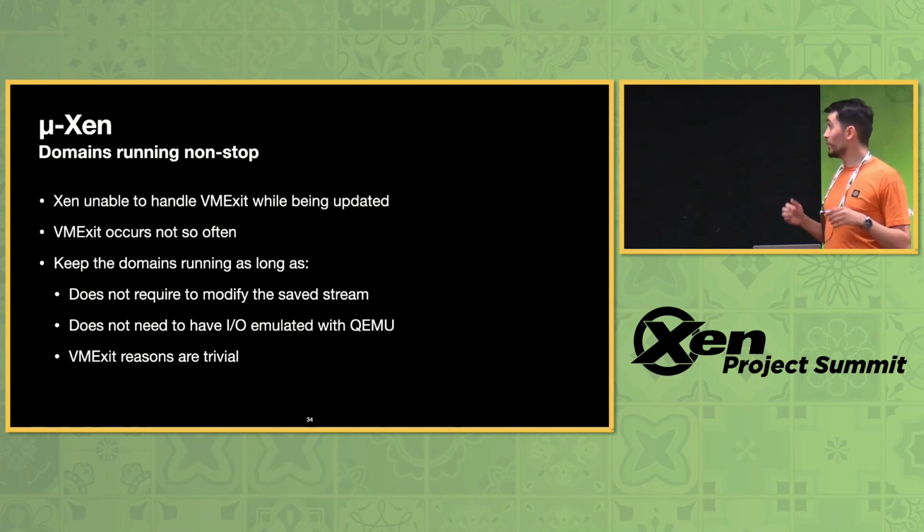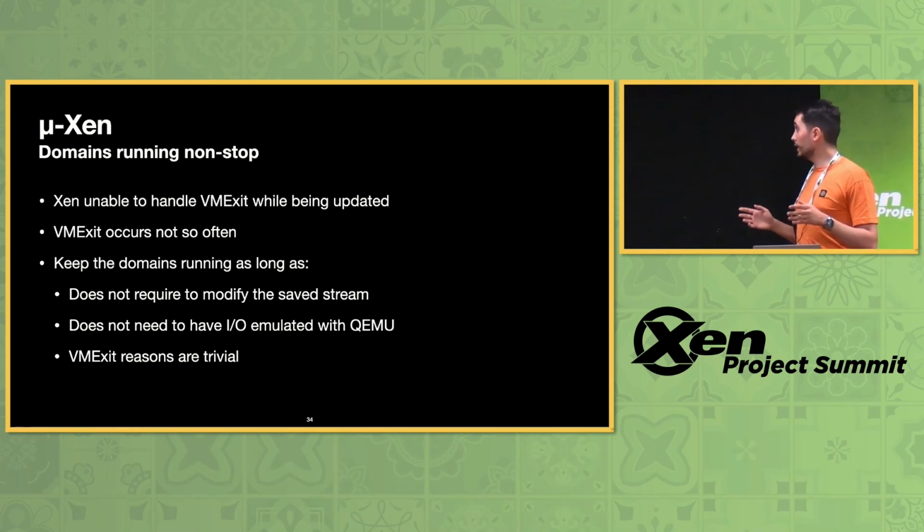We could potentially keep the HVM domain running while we are performing live update and saving the state we need to restore in Xen 2. The problem is that we have decided to pause the domains because some things could be changing, and we have to find a way to transfer this delta even when we keep the domains running.